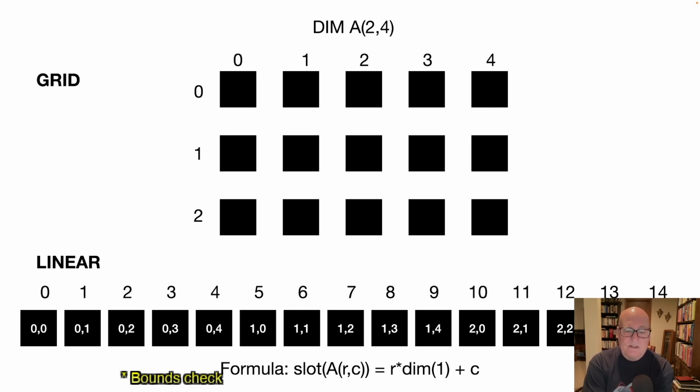And the nice thing with this is it generalizes. So if I had a three-dimensional array, my formula is R times dim 1 plus C, all that times dim 2 plus the Z coordinate. It works out. So we get a linear array in each case. You have a choice about, they call it row order or column order.